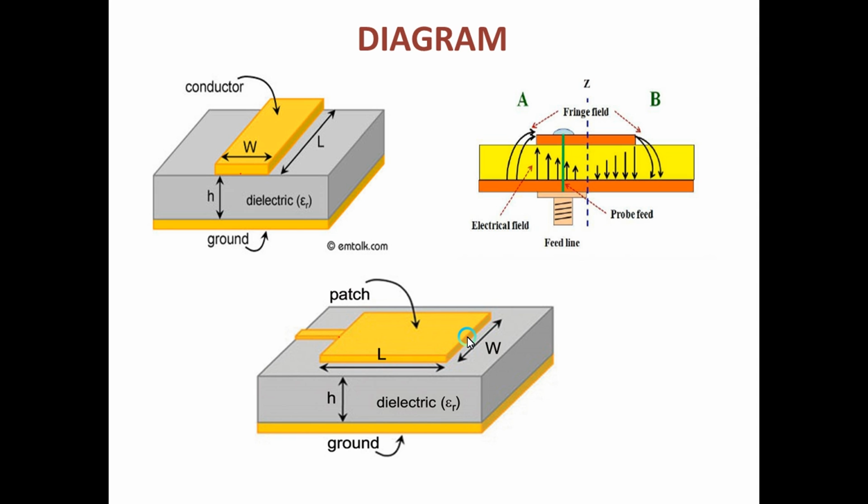That patch layer is responsible for creating the fringing field. Due to that fringing field, the radiation occurs perpendicular to this patch layer, which means the radiation pattern is created along the Z axis.